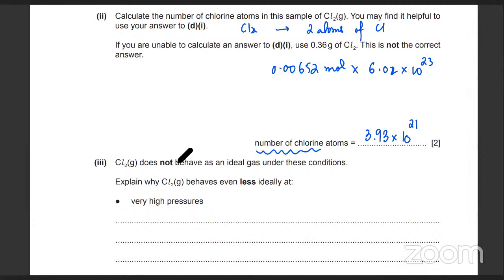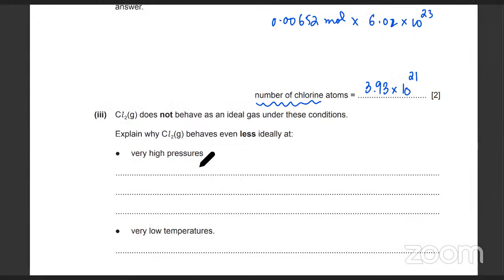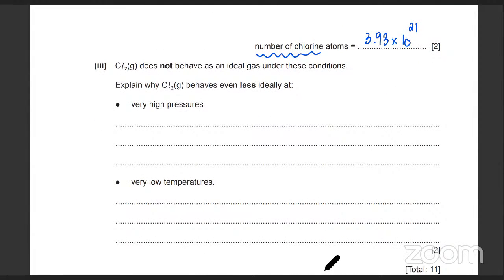Then he says that Cl2 does not behave as an ideal gas under these conditions. Explain why Cl2 behaves even less ideally at very high pressures. So the thing is that gases stop behaving ideally at high pressures. Why is that?